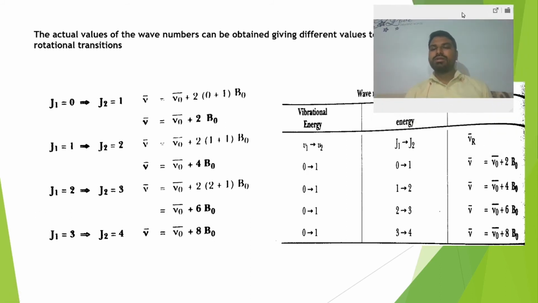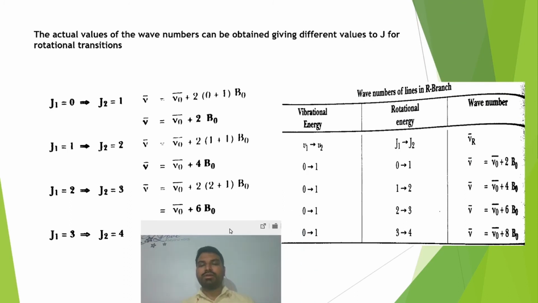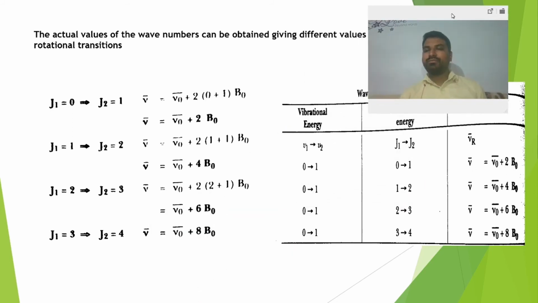These are the transitions I have given here. If the vibrational energy goes from ν1 to ν2 and the rotational energy goes from J1 to J2, it will be the R branch. Then if it goes 0 to 1, and the rotational energy also goes 0 to 1, this line will be observed.